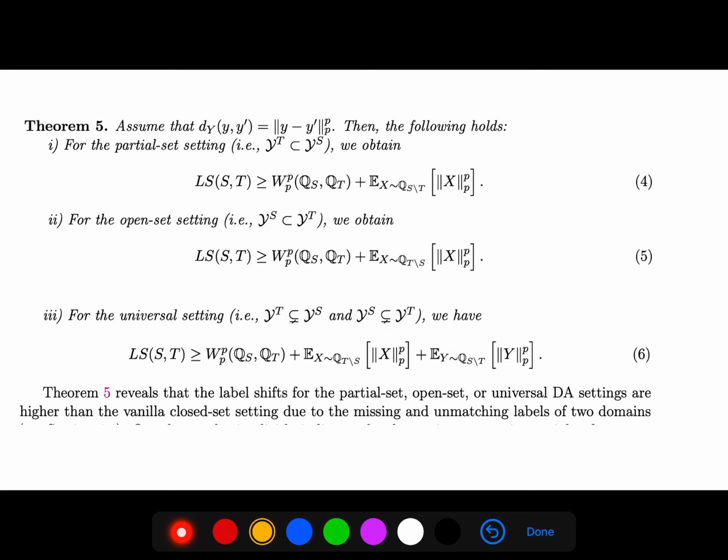The good thing about this framework is that we can use it to understand partial set setting, different kinds of problems like open set domain adaptation. For all of them, you have this lower bound. So you see the factors that are essential in this label shift.